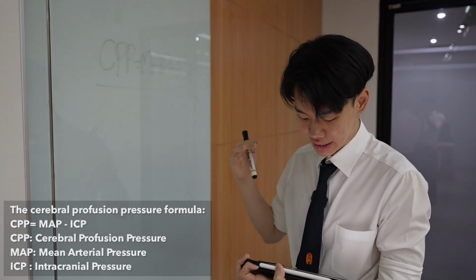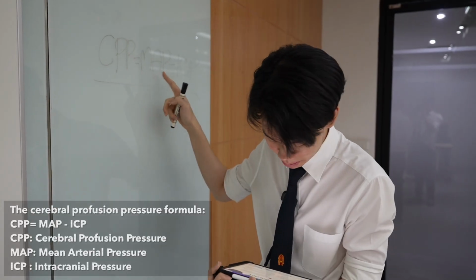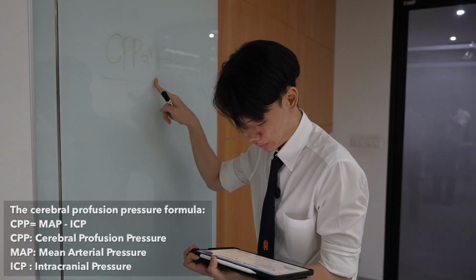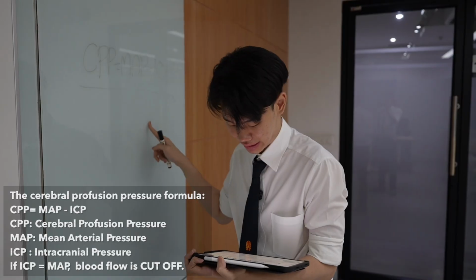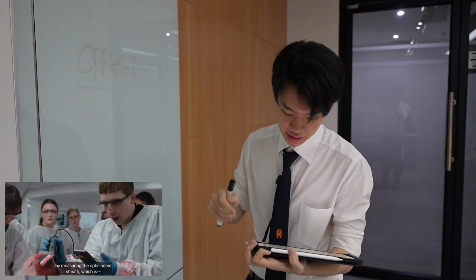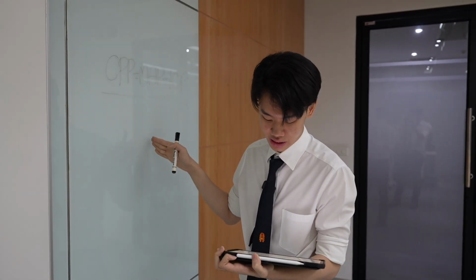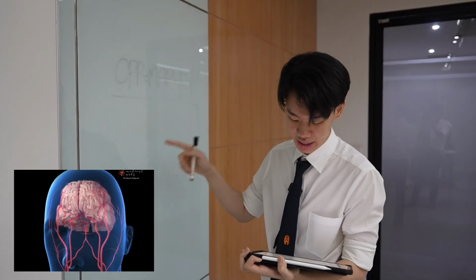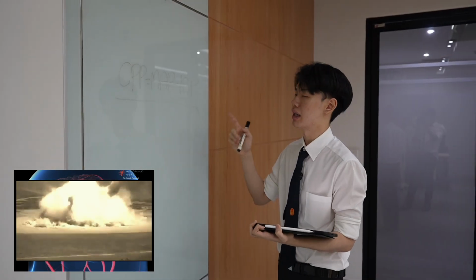So if the ICP gets so high that it's equal to MAP, the CPP will become zero. The blood flow will completely stop, leading to brain death. This is why the team in the show was panicked, and an optic nerve sheath of 10 millimeters suggests that the ICP is high enough to strangle the blood flow.